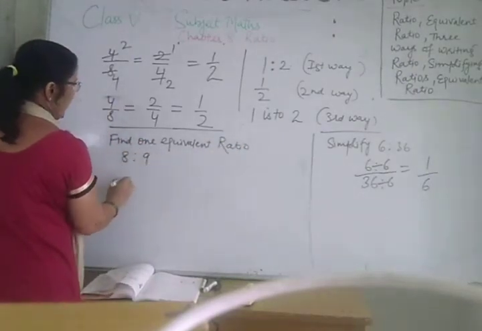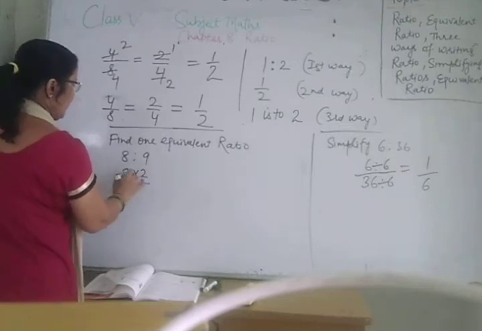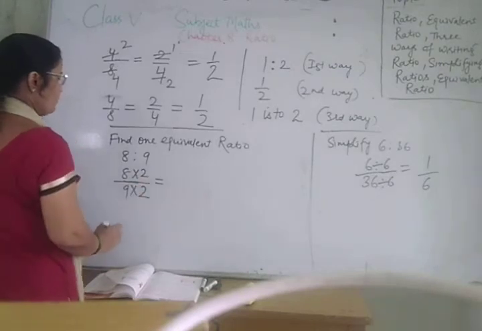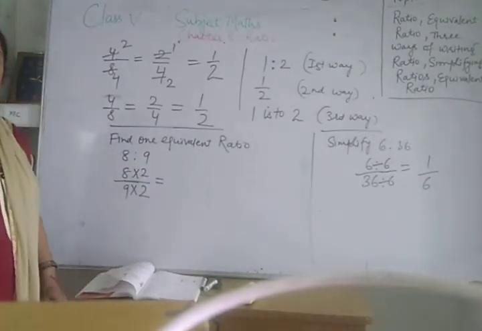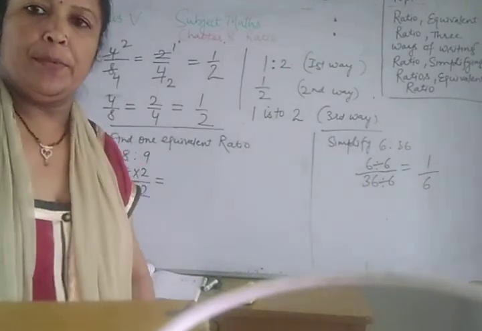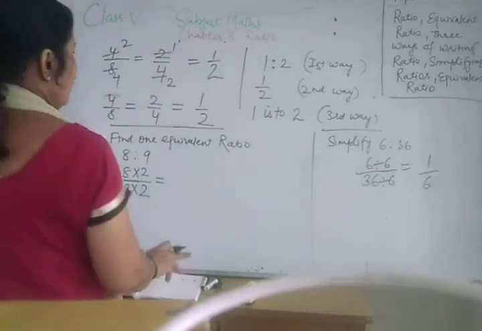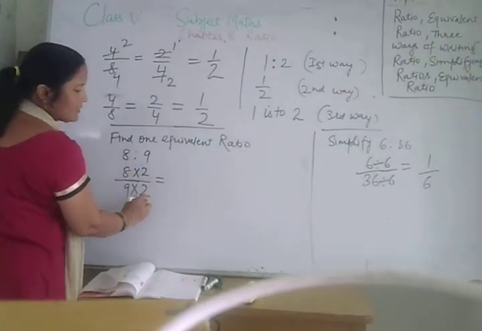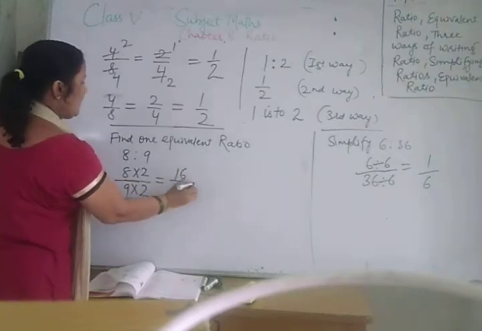Suppose 8:9. If it is multiplied, the numerator will be multiplied by 2 and the denominator will also be multiplied by 2. Or you can divide the numerator and denominator by the same number. By any number, but the number multiplied with the numerator and denominator should be the same. 8 becomes 16, 9 becomes 18.